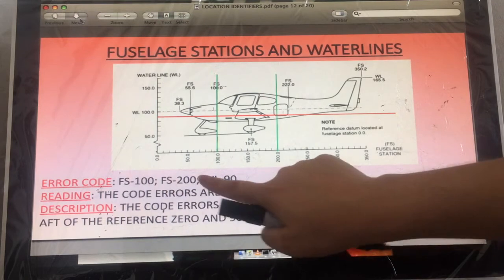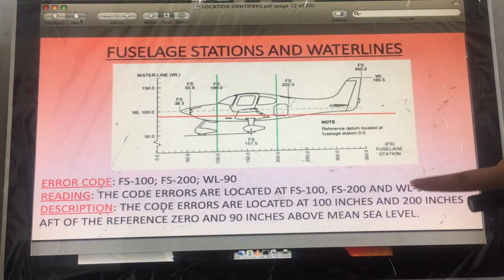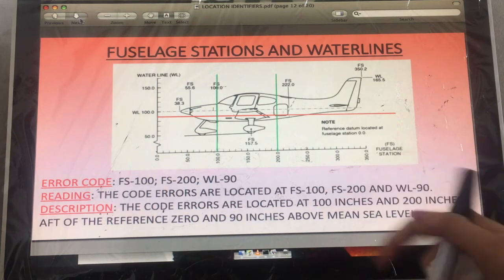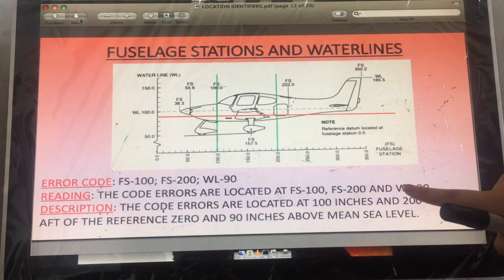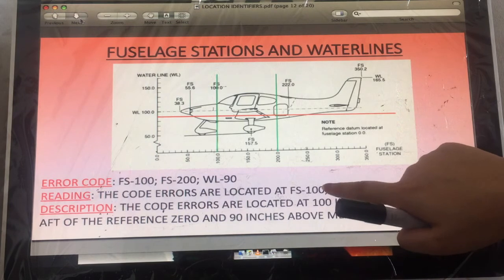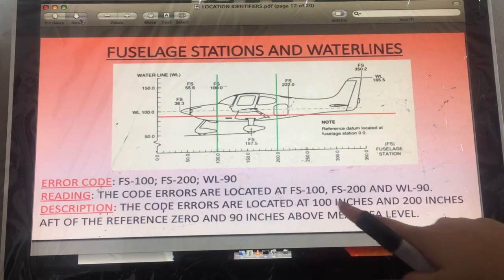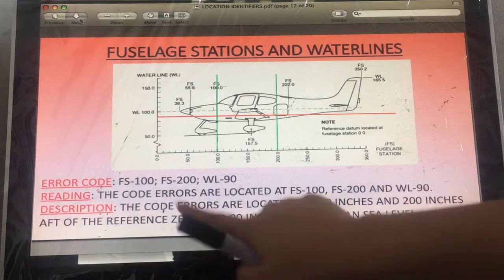Again, semicolon ang pang-separate. Reading, the code errors are located at FS-100, comma, FS-200 and WL-90. Hindi semicolon, comma. Again, pagdating sa reading, hindi na semicolon ang pang-separate, comma na. And then description, the code errors are located at 100 inches and 200 inches aft of the reference 0.